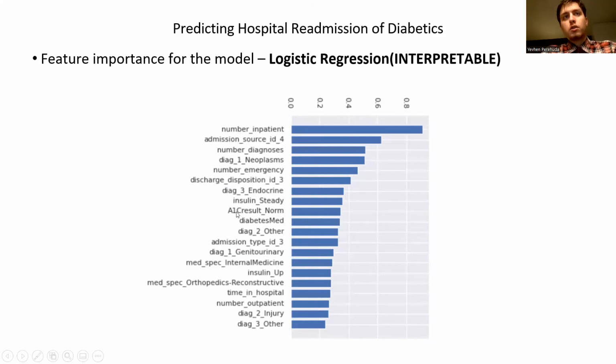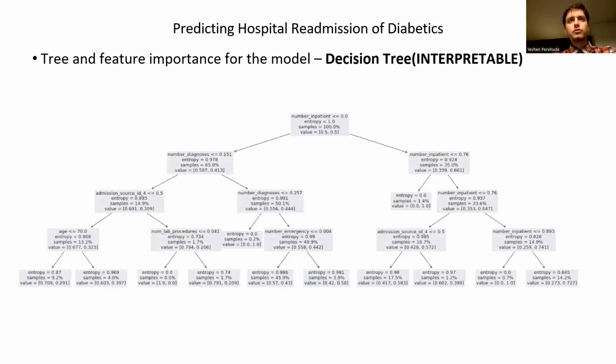And also, what is interesting, one of the important features was A1C result norm. So it was important: was our patient tested for this level of sugar in blood or not?